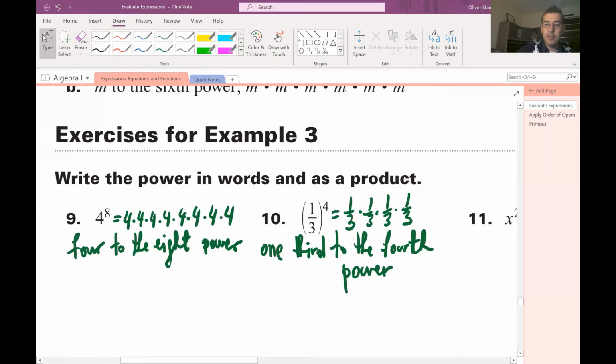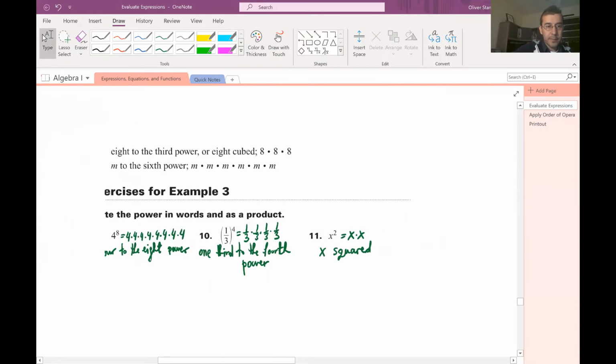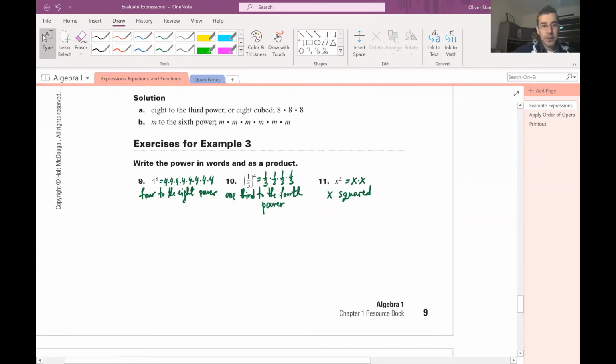And then 11 is x squared. So the power as a product would be x times x, and then the power in words, it would be x squared. Okay, and I believe that's it with the review for mastery.